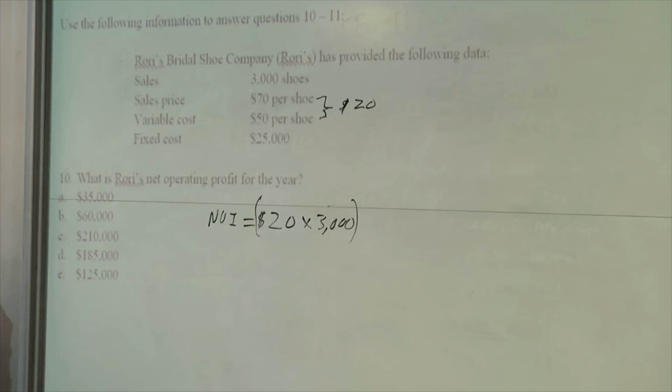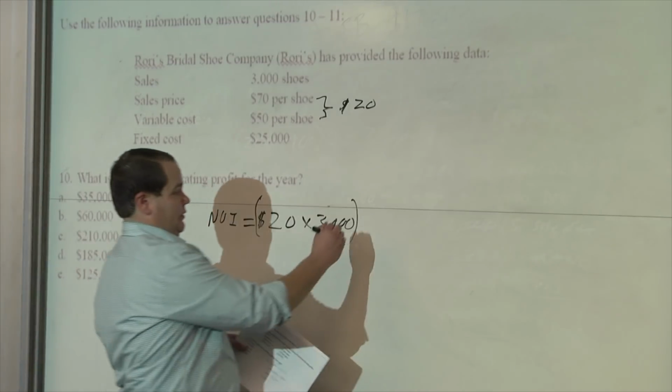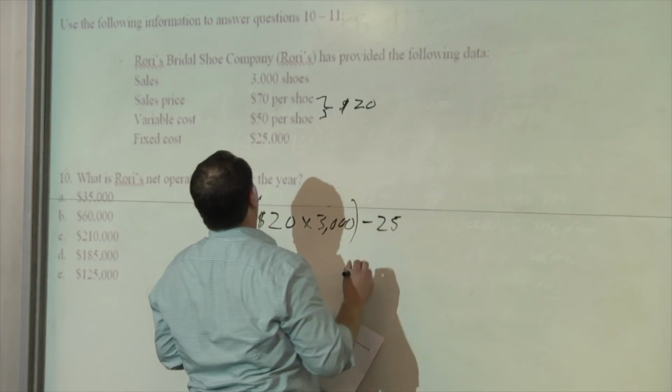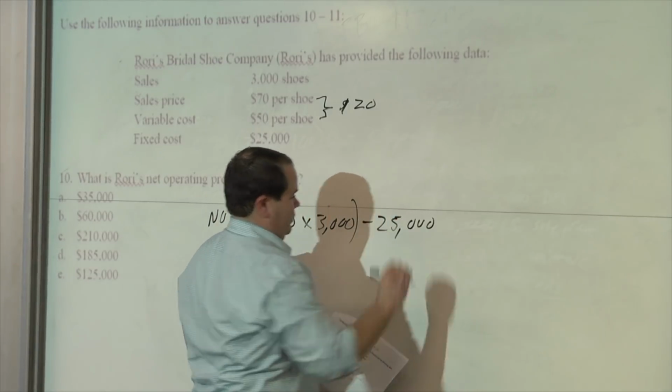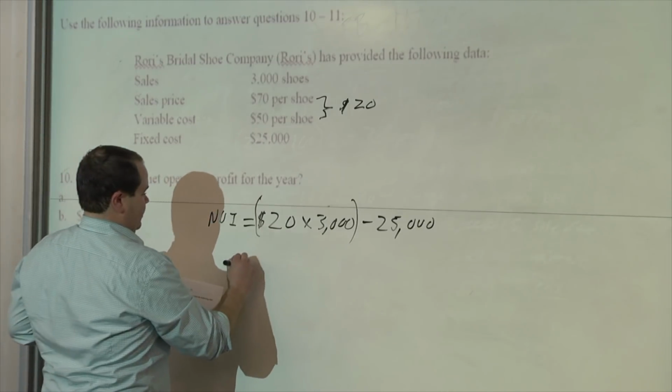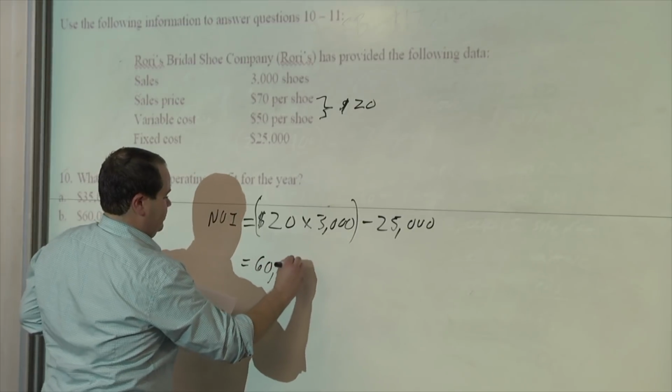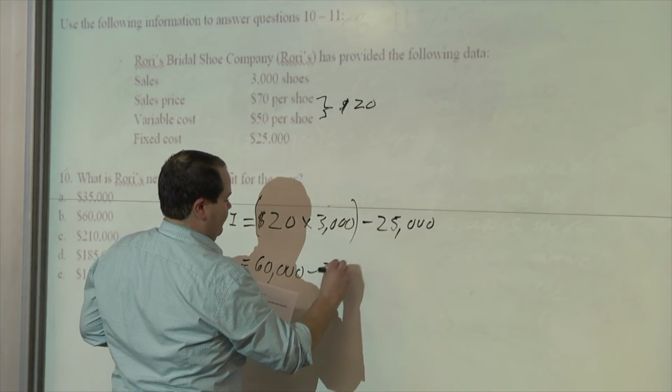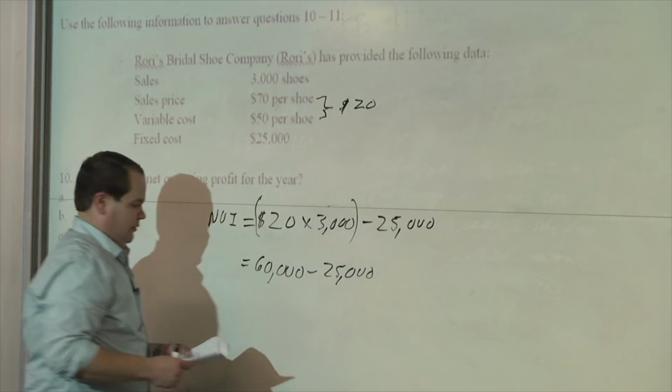However, what do we always have to do? We got to remember to take out our fixed costs when we're talking about profit. And fixed costs are 25,000. So solving for NOI, we get 60,000 minus 25,000.